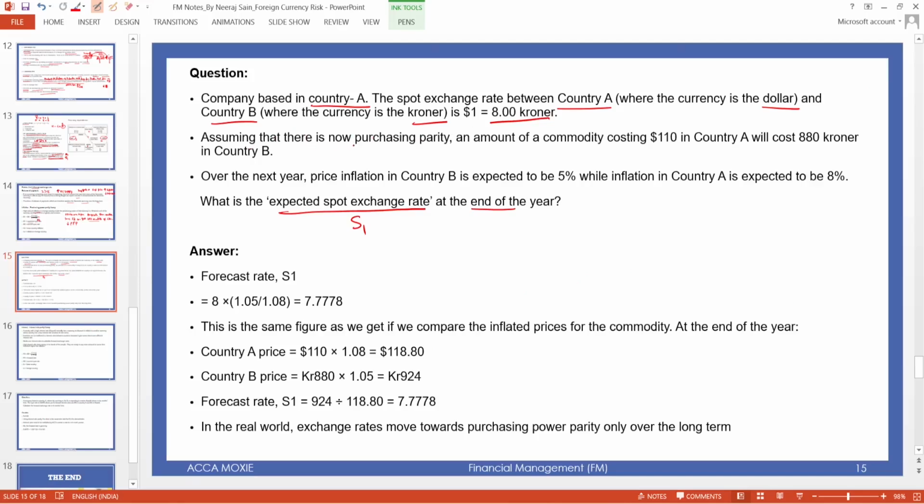Assuming there is purchasing power parity, an amount of commodity costing 110 will cost 880 in country B.